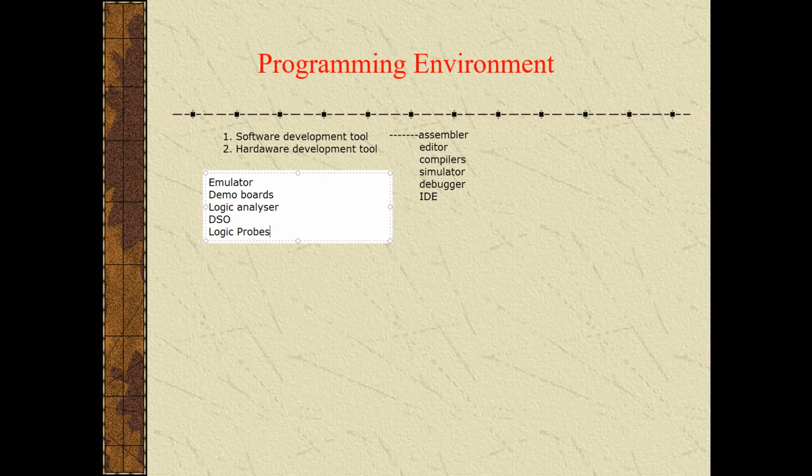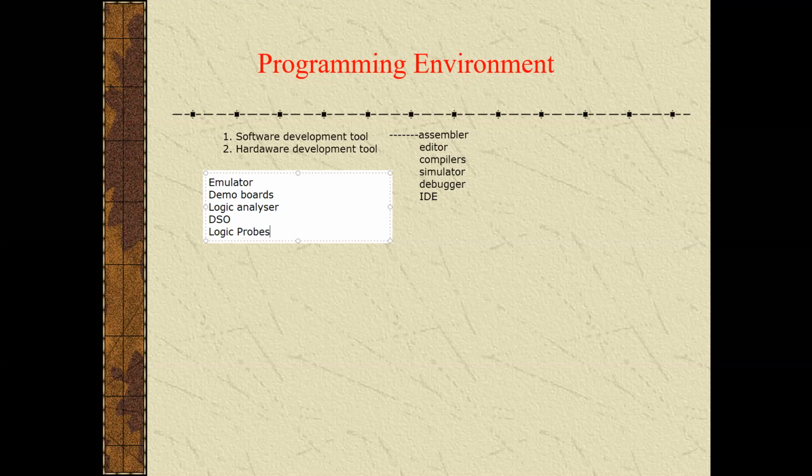An editor is basically a software program, and it helps the user to create a file that contains assembly language statements. For example, we are going to write a program for interfacing an LED or analog to digital converter, any peripheral device that we want to interface with our microcontroller to control that operation.